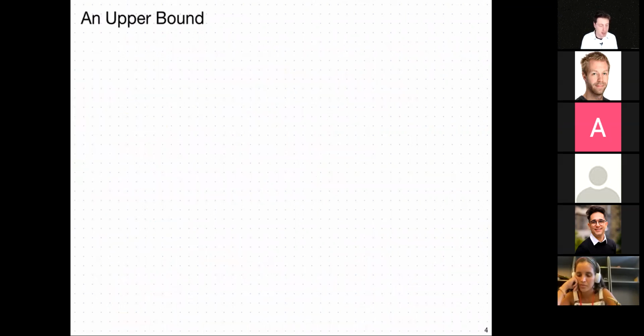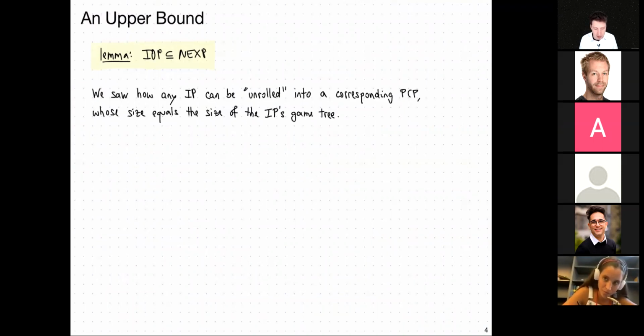And let's start gaining some intuition about this new notion. Here's a pretty simple upper bound. We're going to prove that the complexity class IOP is contained in NEXP. We have already seen how any interactive proof can be unrolled into a corresponding PCP, and the size of the PCP is basically the size of the game tree of the interactive proof.